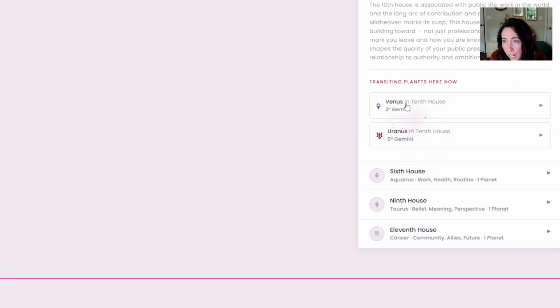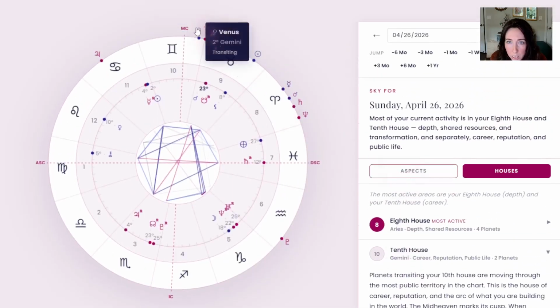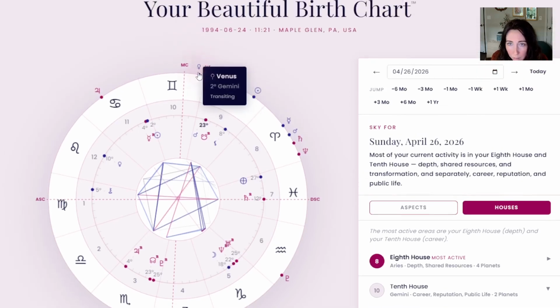Transiting planets here now, we have Venus and Uranus both transiting this person's 10th house. And they are conjunct, so they're very close in degree, meaning they're sitting side by side, and a lot of times when that happens, the energies of those are essentially working together.